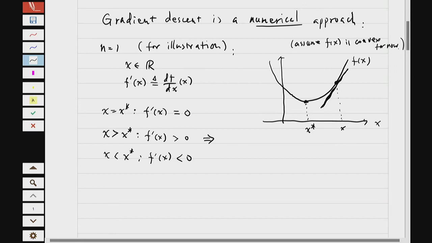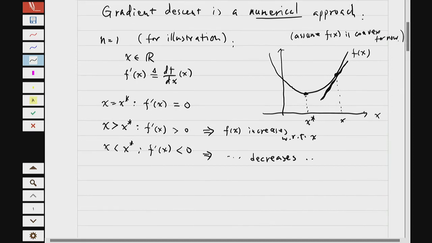That's what it means to have a slope that's positive, or the derivative is positive. So f of x increases with respect to x. And of course here it decreases. If it's on the left-hand side, then it decreases with respect to x.